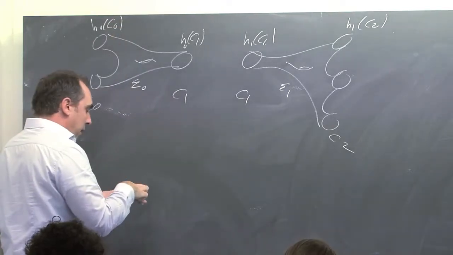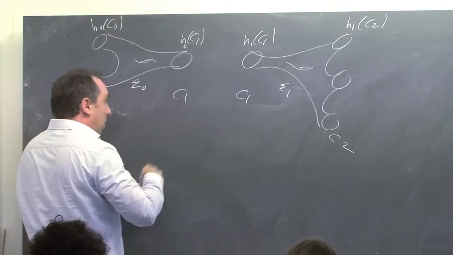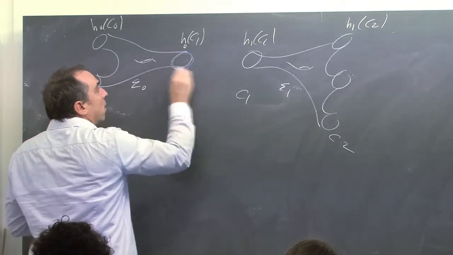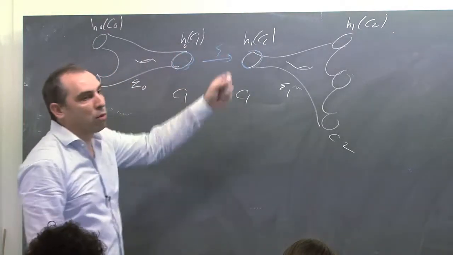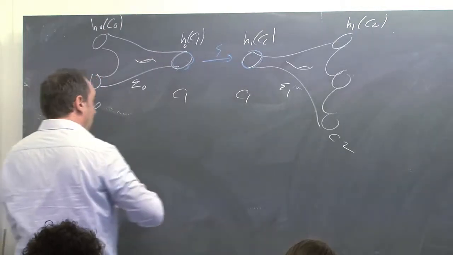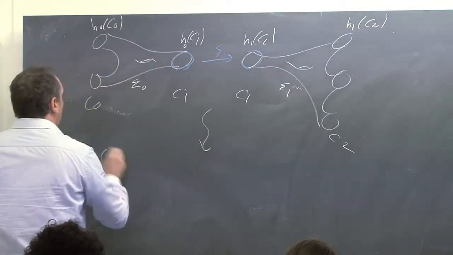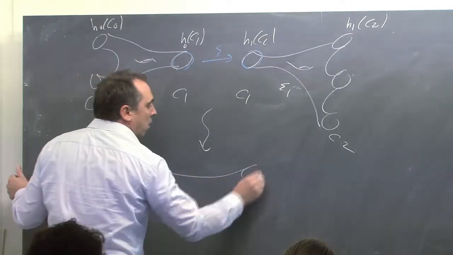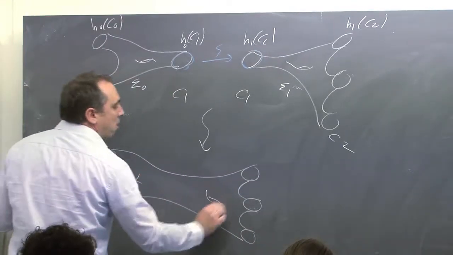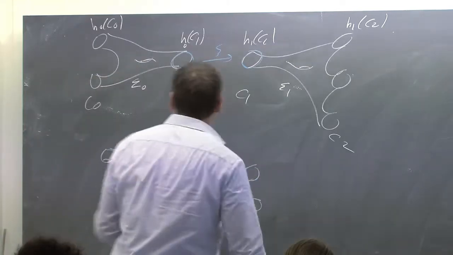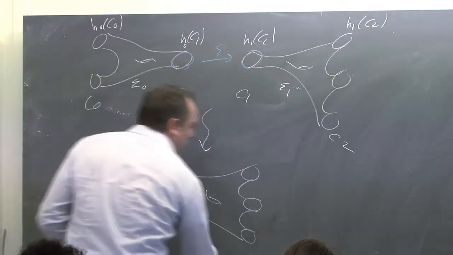And here you identify. So this is the isomorphism. So you glue and you end up with a cobordism from C0 to C2.